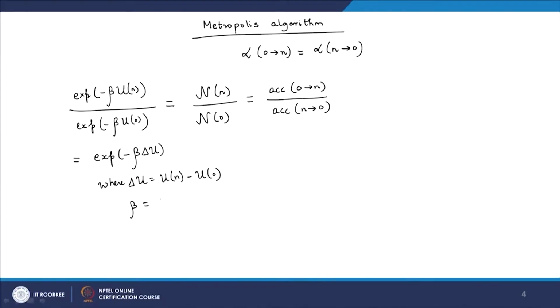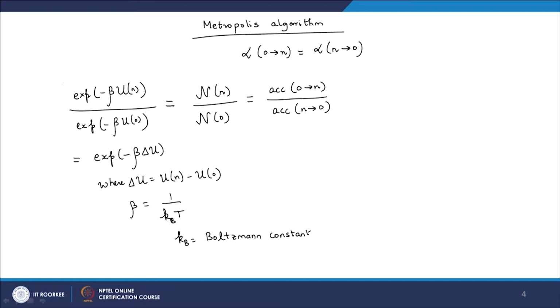Of course, there is a proportionality here, but since we look at the ratio, that particular prefactor will cancel out. And beta here is 1 by kBT, kB being the Boltzmann constant and T being the absolute temperature.